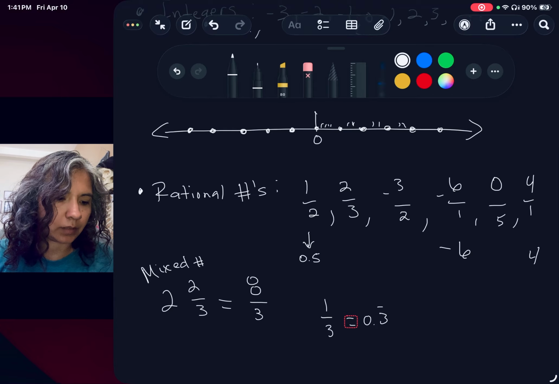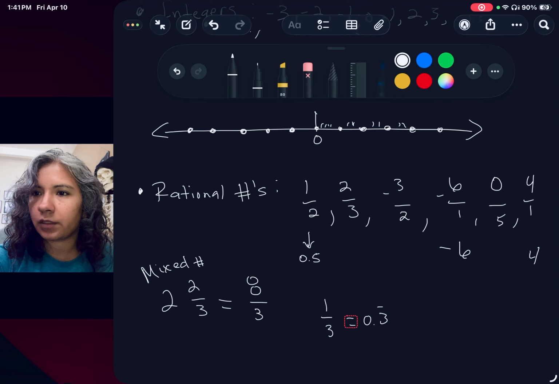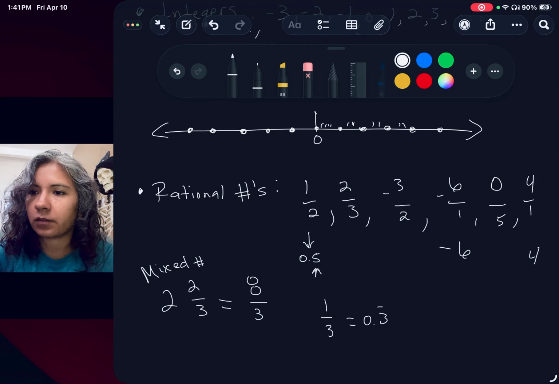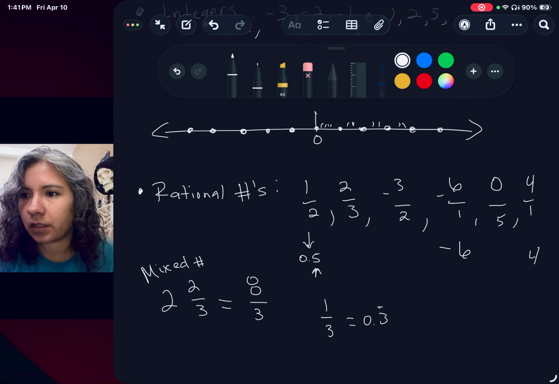It's a repeating number. So the decimal will either finish, like here, there's nothing after 5, it's 0, or it can repeat like this one.